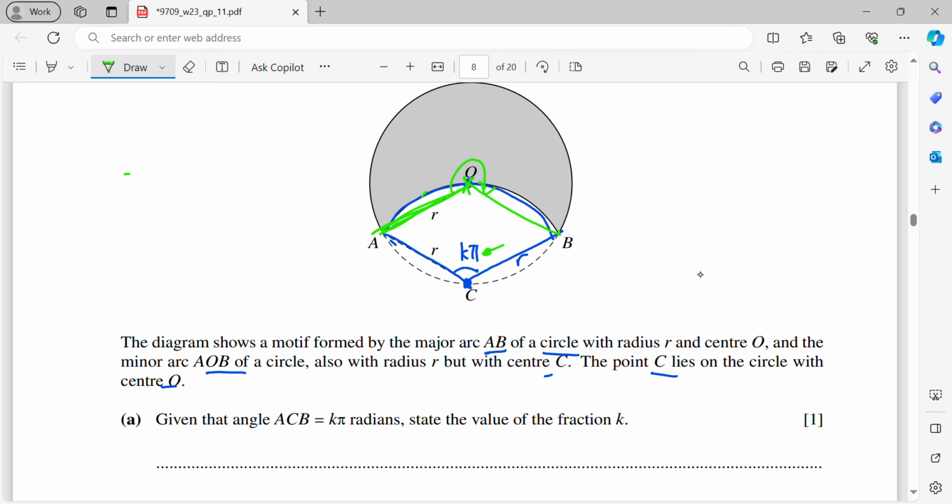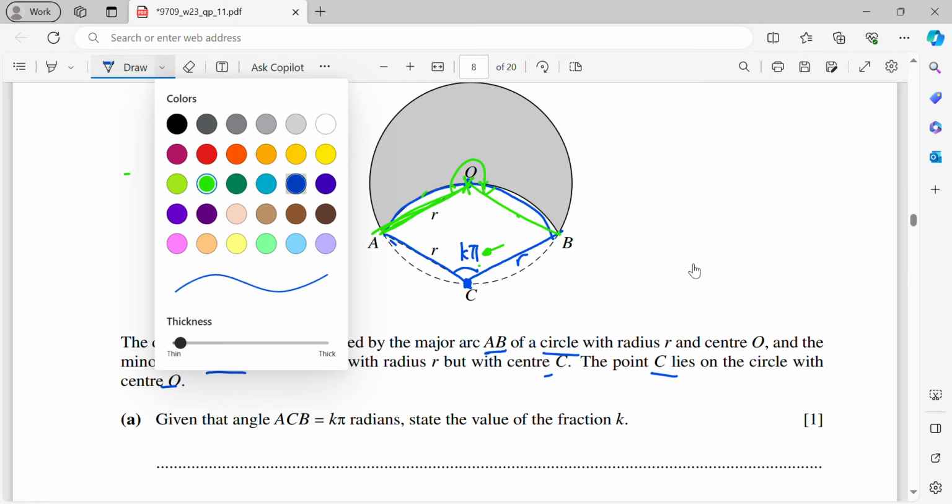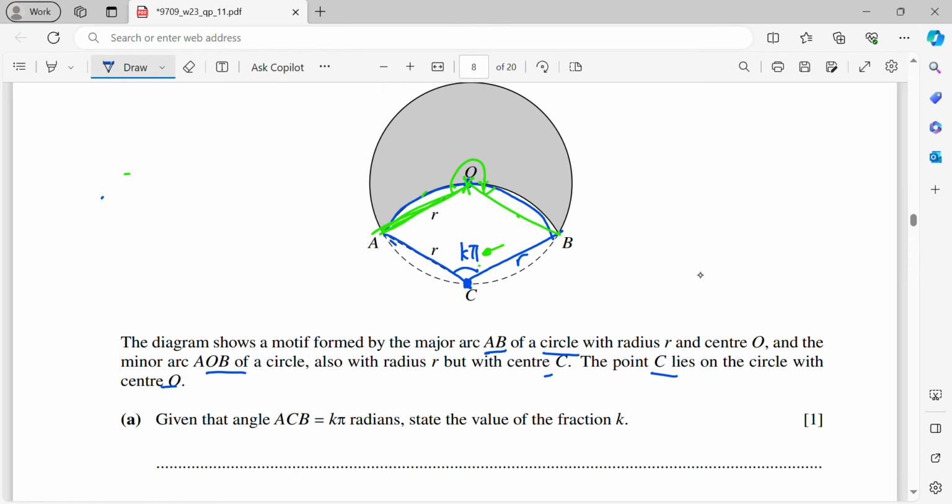That means this angle AOB, the upper one, is double angle ACB. Because we know that AO is the same as AC, both are R.